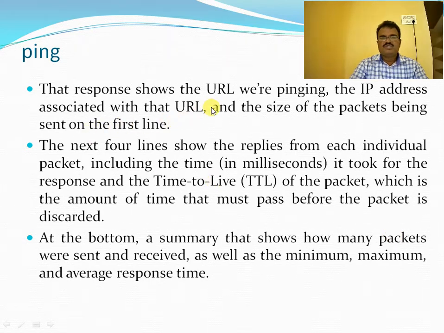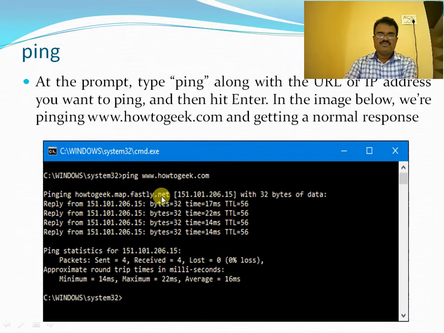That response shows the URL we are pinging, the IP address associated with the URL, and the size of the packets being sent on the first line. The next 4 lines show the replies from each individual packet.